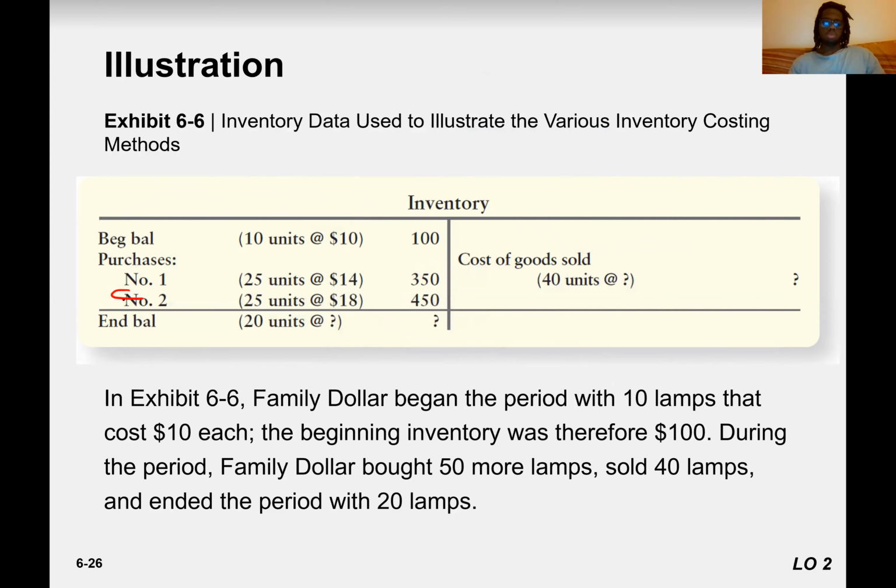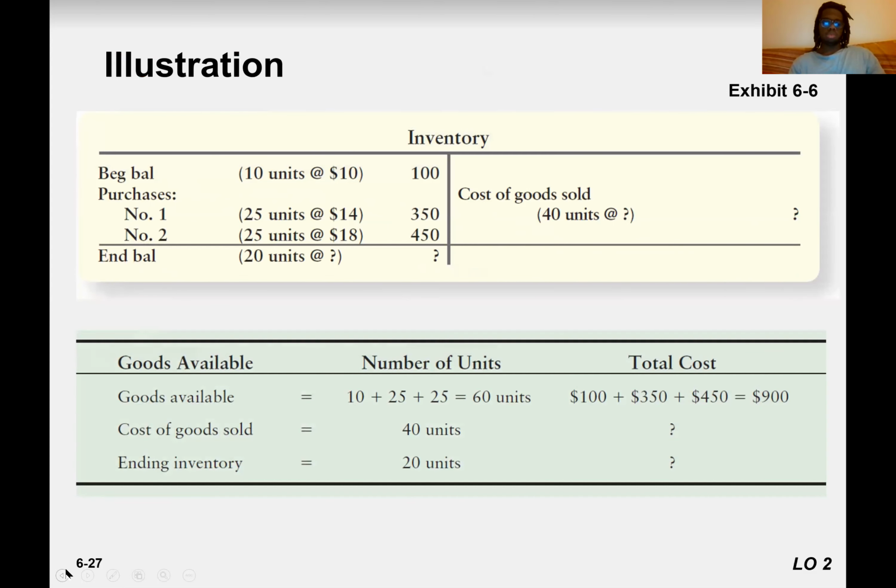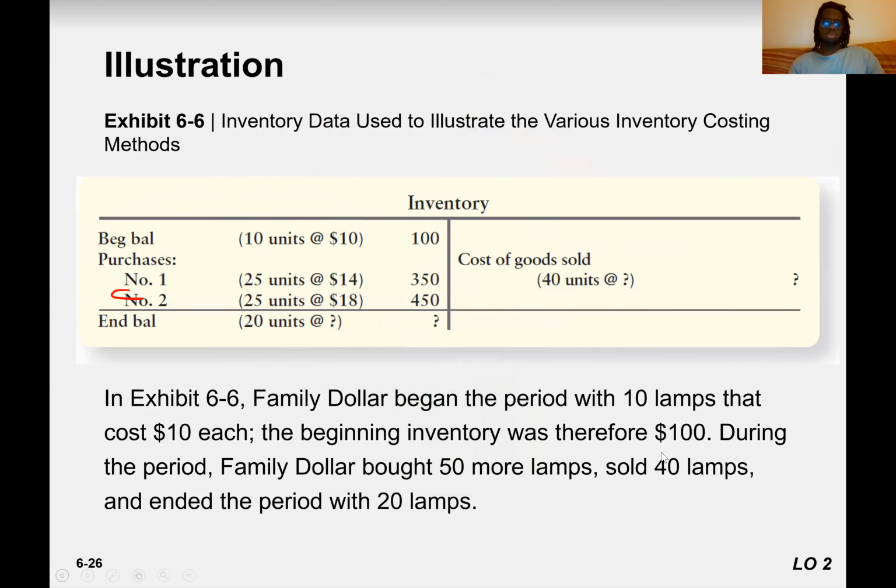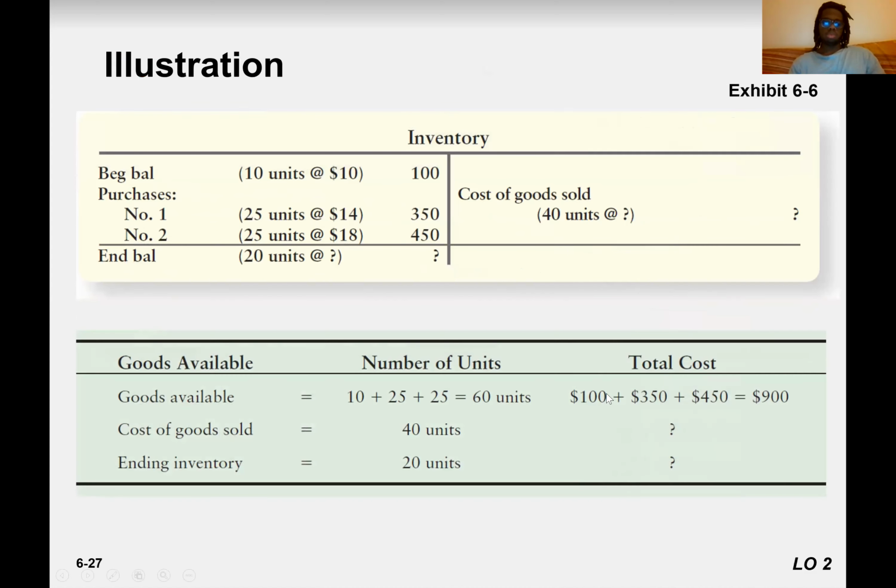So the average method is you find out the average cost, how many units you have and how much it cost you. Simple. In order to find out the cost of those 40 lamps, you just average out.